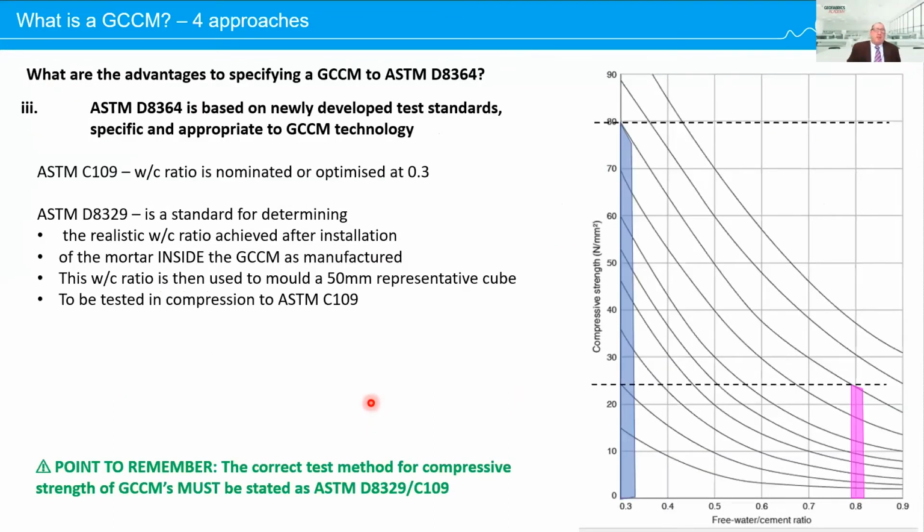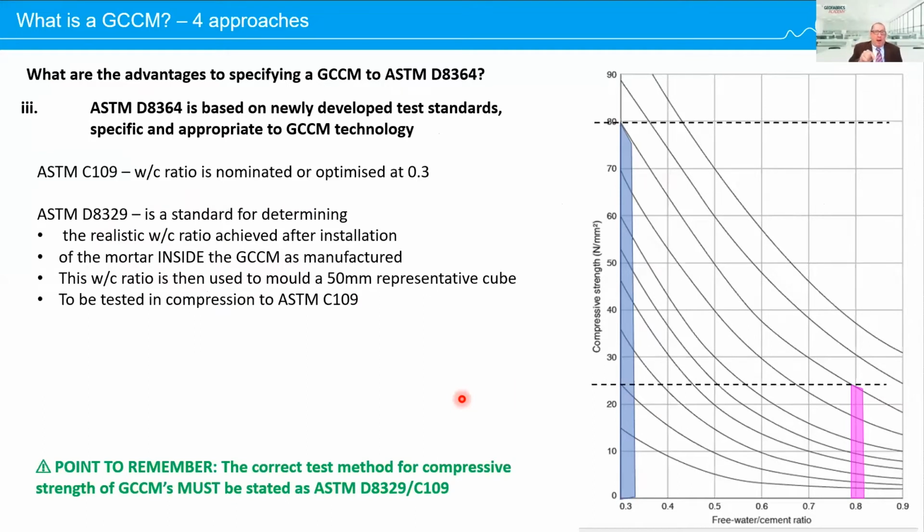So going back to this graph again, which we touched on earlier, in ASTM C109, the water cement ratio is nominated at or optimized at 0.3. ASTM D8329 is a standard for determining the realistic water cement ratio achieved after installation of the mortar inside the GCCM as manufactured.